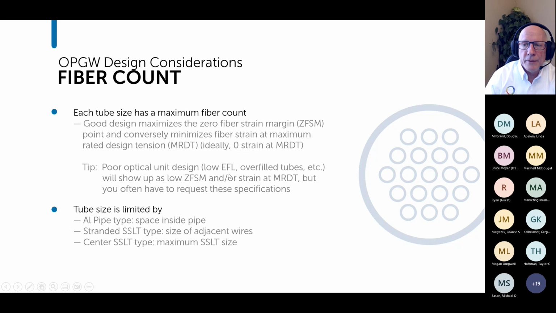In any case, poor optical unit design is going to show up as low zero fiber strain margin or high strain at MRDT. A lot of cable suppliers, though, won't show you this. You have to ask for it. If you ask for it, they should be able and willing to provide you this information, and then you can make an assessment.